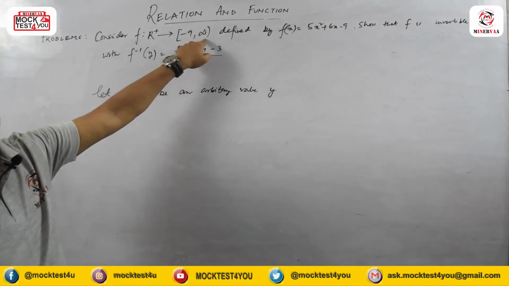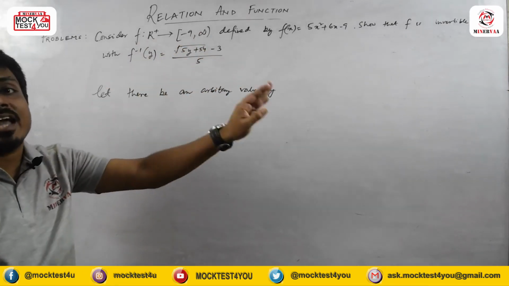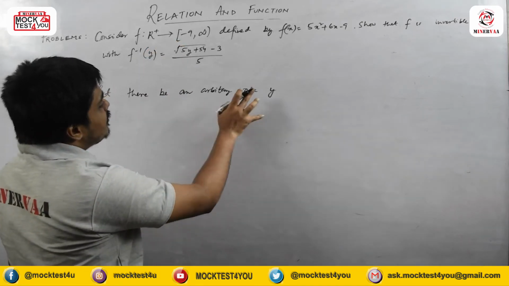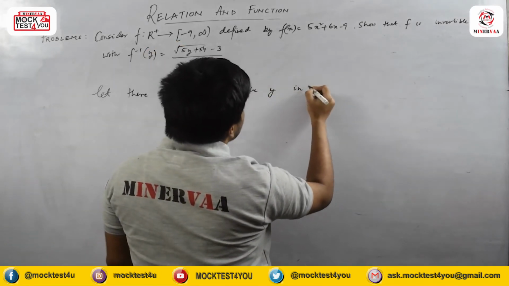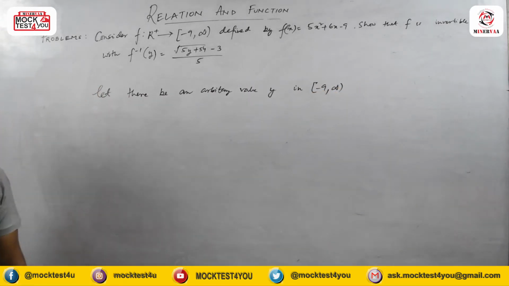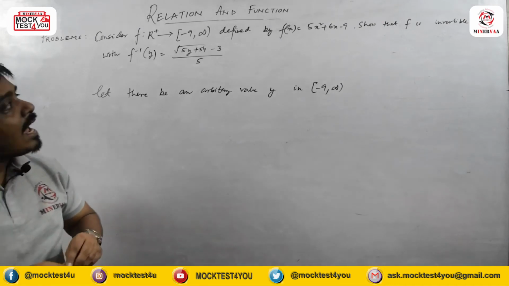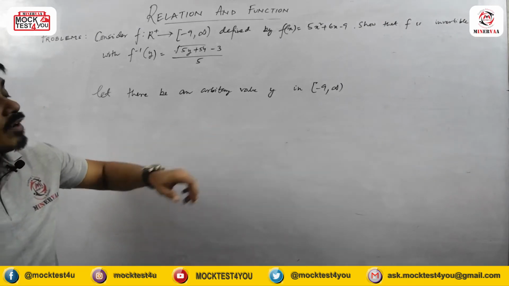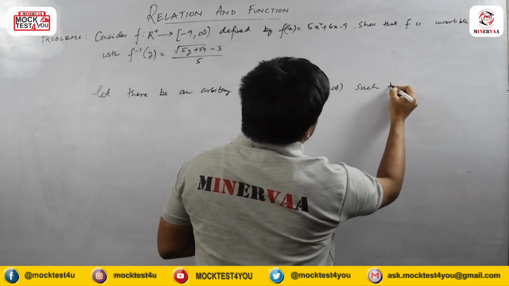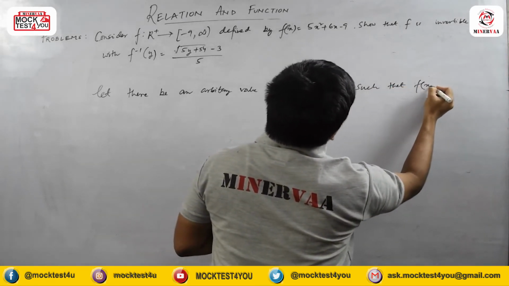It will be in here, because y we are thinking of as image. Y is an image, so it will be here. Let there be an arbitrary value y in minus 9 to infinity. So there is an arbitrary value in there, right? Now for that arbitrary value, I will write, such that f(x) is equal to y.